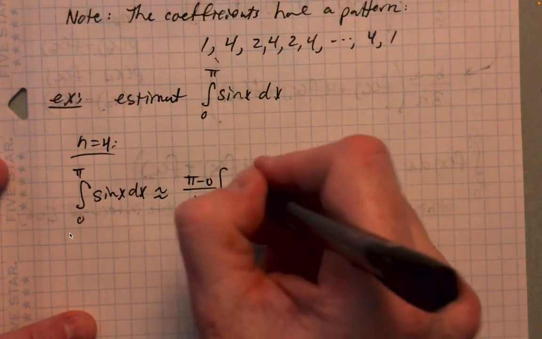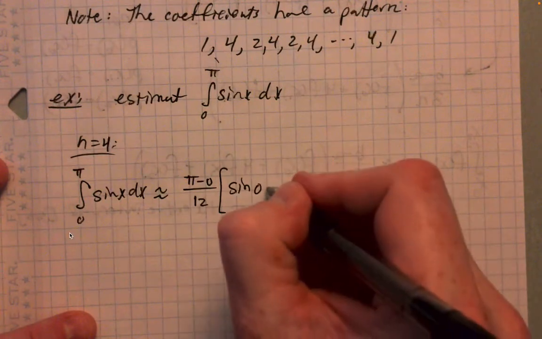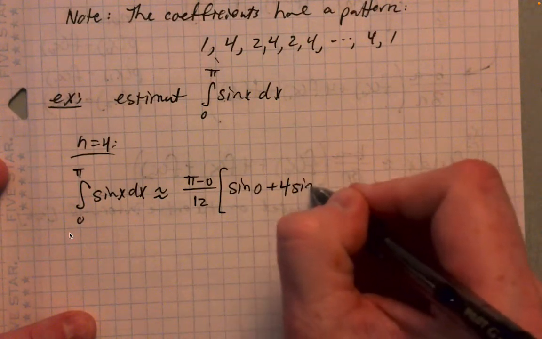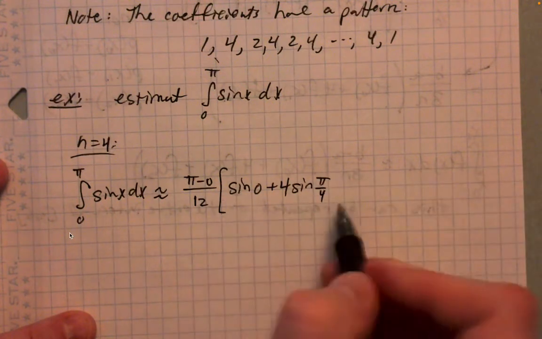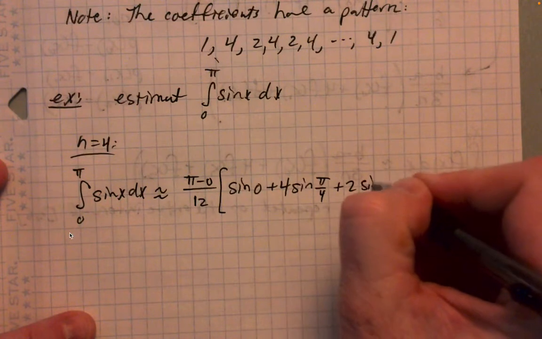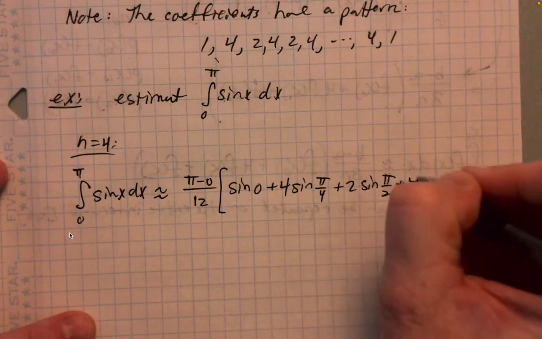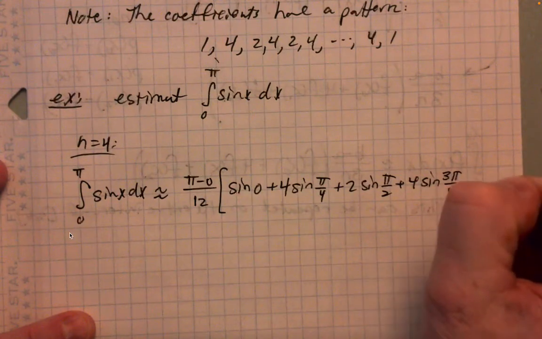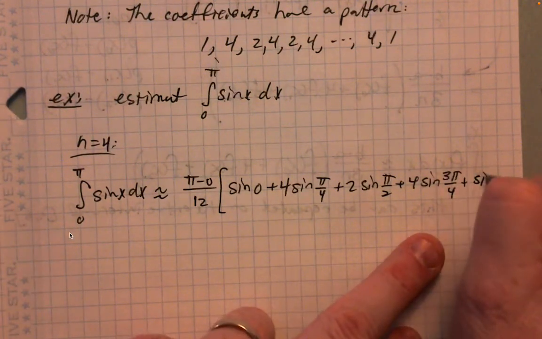Okay, and then it would be sine of 0 plus 4 times sine of pi over 4, right? So you're adding pi over 4 each time, plus 2 times sine of pi over 2, plus 4 times sine of 3 pi over 4, plus sine of pi.